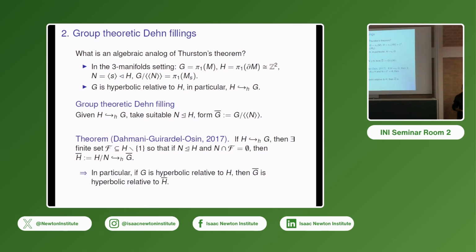And you can do the same thing in the context of relative hyperbolicity. If G is hyperbolic relative to H, then there exists such a finite set so that as a result, G bar is hyperbolic relative to H bar. Okay, so we will say that this is the algebraic analog of Thurston's theorem.